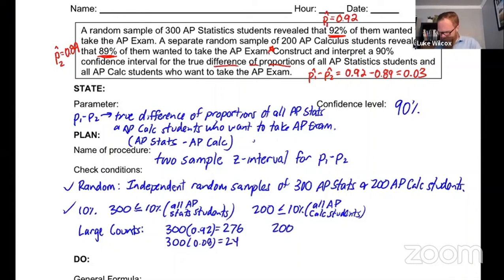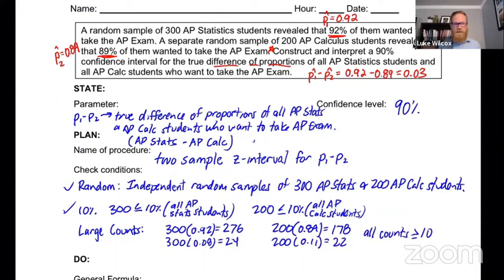N times p-hat, with 0.89, gives 178 successes for calculus, and the number of failures is going to be 22. All of those counts are greater than or equal to 10, which means that our large counts condition is satisfied. Remember, that means that the sampling distribution is going to be approximately normal here, and we can use a z-star for a critical value.